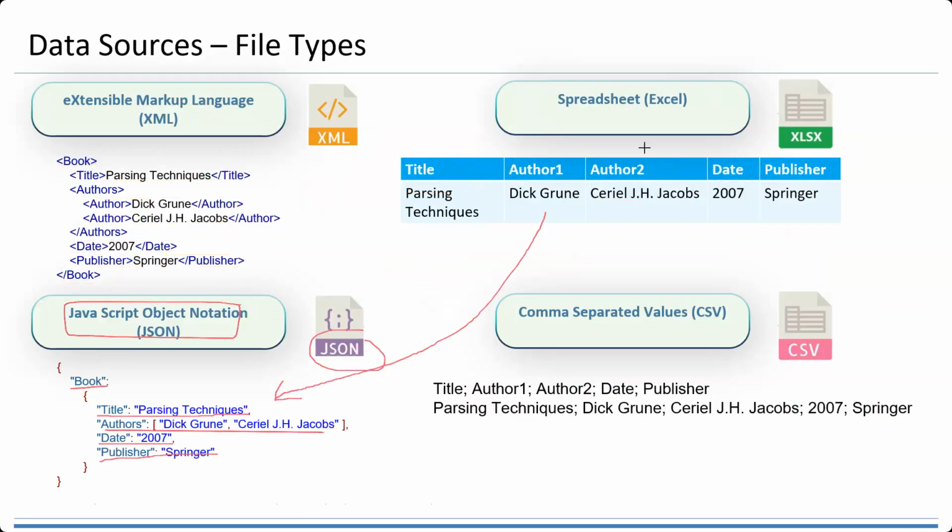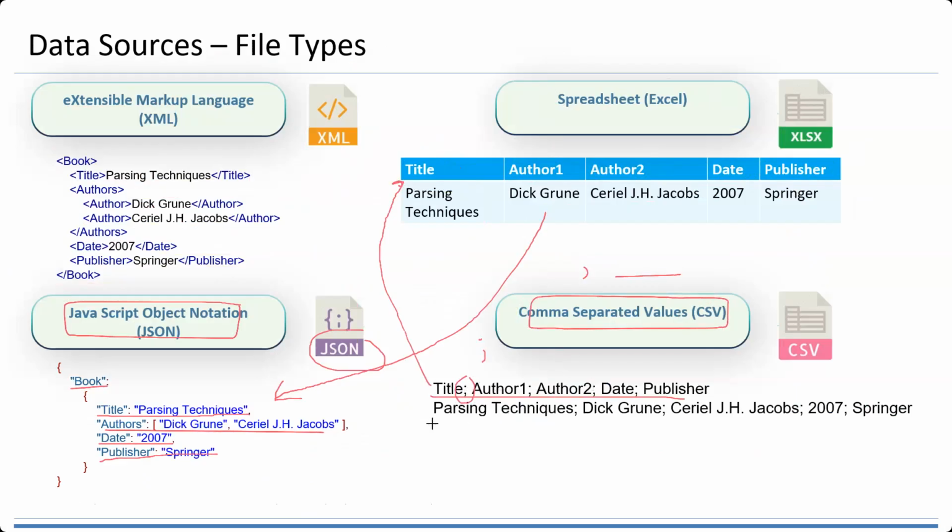So we also can get the data in the form of CSV, comma separated values. This is the first row representing this data: title, author 1, author 2, date, publisher. And sometimes it is separated with semicolon, sometimes with comma, or sometimes with tab. It depends on the format.